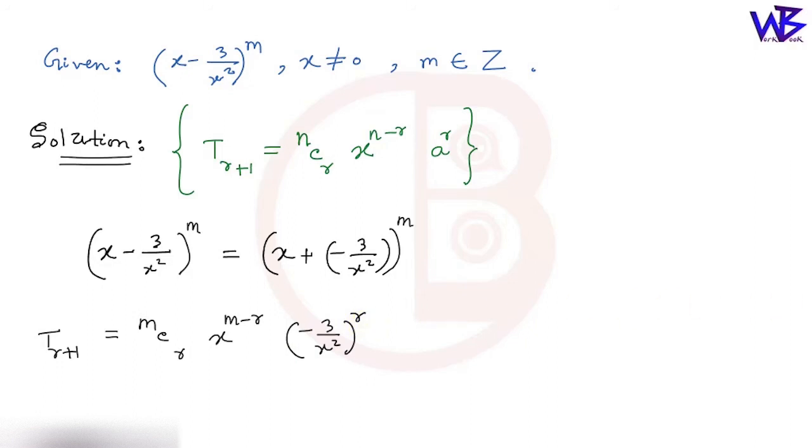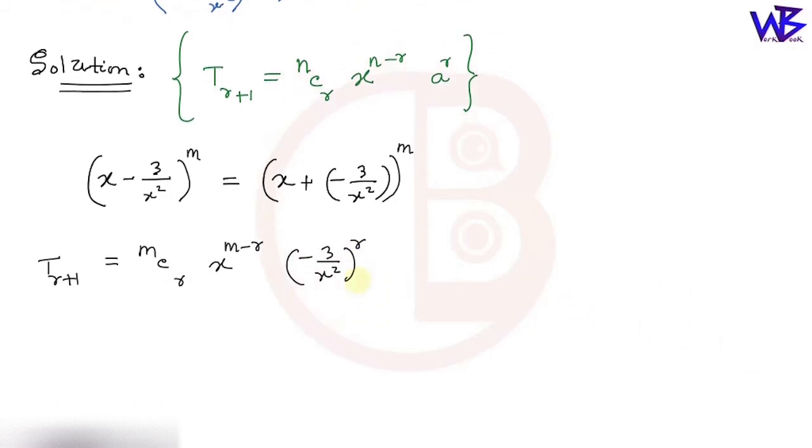Let me simplify this T(r plus 1) a bit more so that it will be easier for us to calculate the coefficients. So this is equal to mCr x to the power m minus r into minus 3 to the power r into, if I take x square to the numerator, then x will have a power which is minus 2.